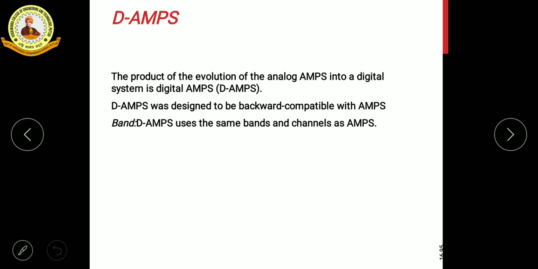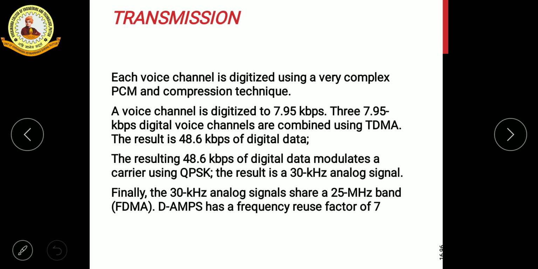Now our 4G phones are capable of connecting with the 3G network, right? That is called backward compatibility. If your 4G phone is not allowing you to connect to your 3G network, then it is not backward compatible. That's it. Then band: DAMPS uses the same bands and channels as AMPS.